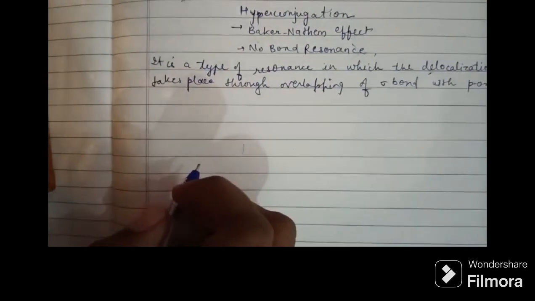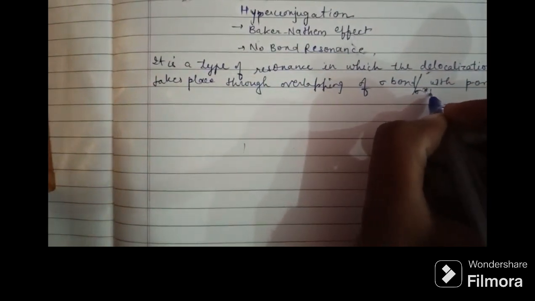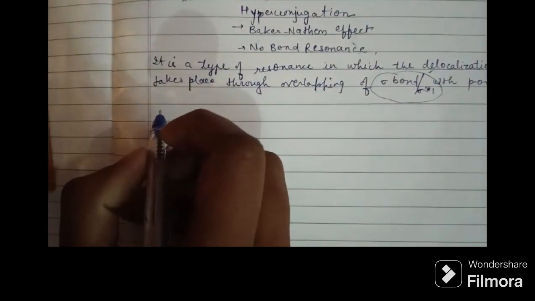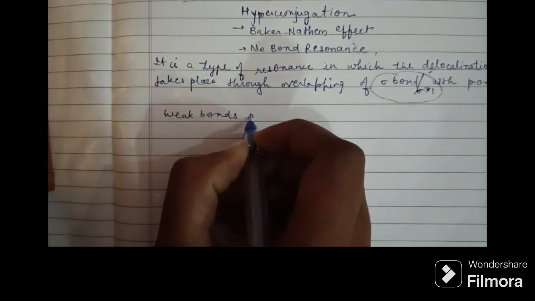Not only sigma bonds but sigma or sigma star, both can be used in electron transfer. In this, weak bonds participate.